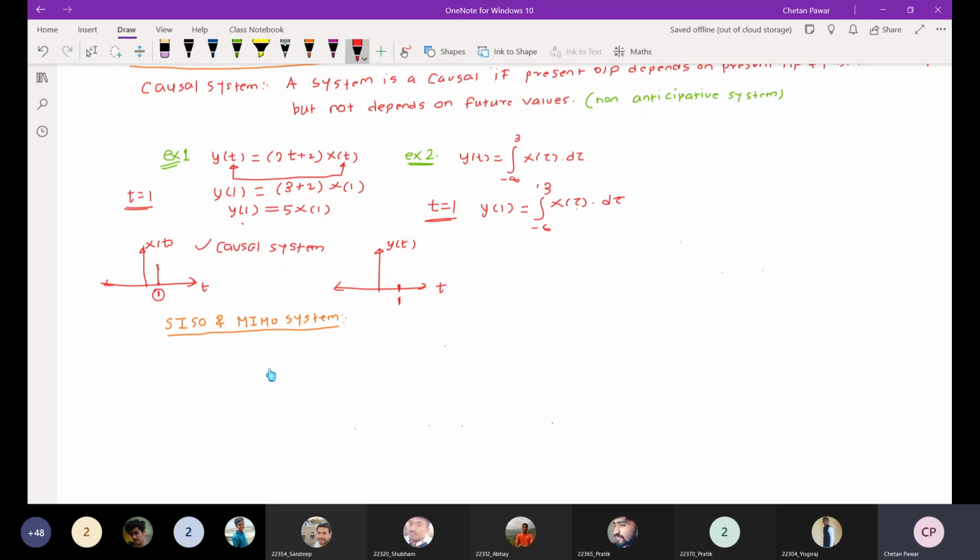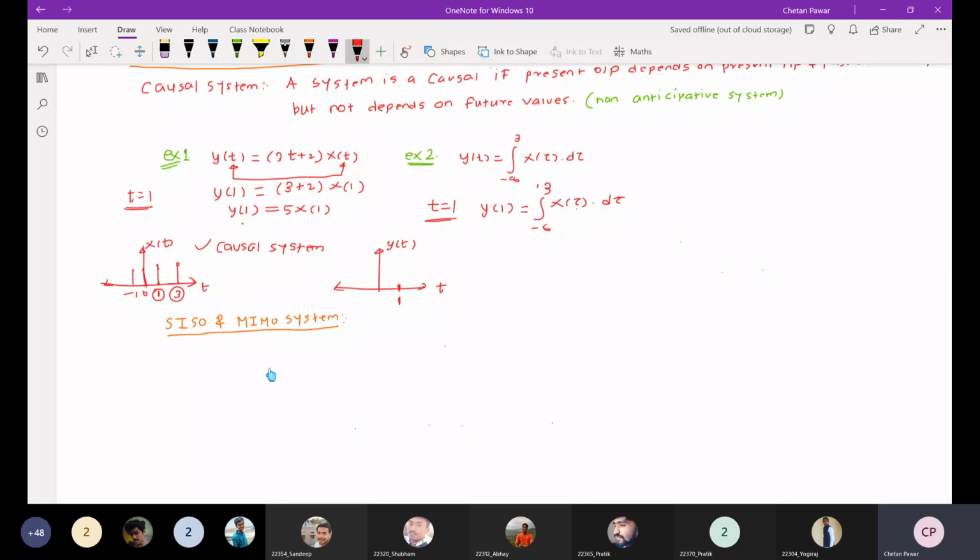If the output also depends on previous values like 0 or -1, then it will still be a causal system. But if the output at time instant 1 depends on the future value of the input, that is 3, then it will be a non-causal system.